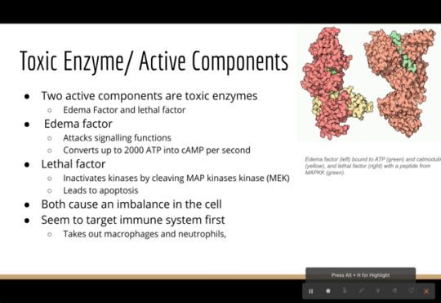The lethal factor inactivates kinases by cleaving the MAP kinase family, and it leads to apoptosis. So both of these active components cause an imbalance in the cell and target the immune system to take out macrophages and neutrophils.